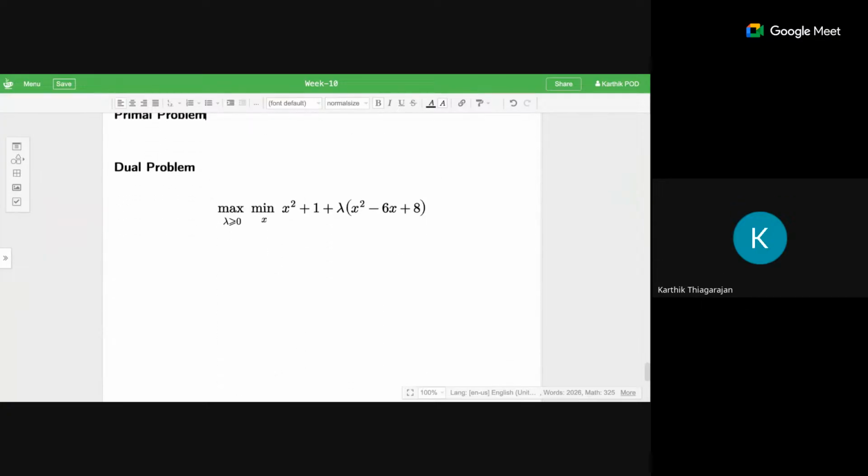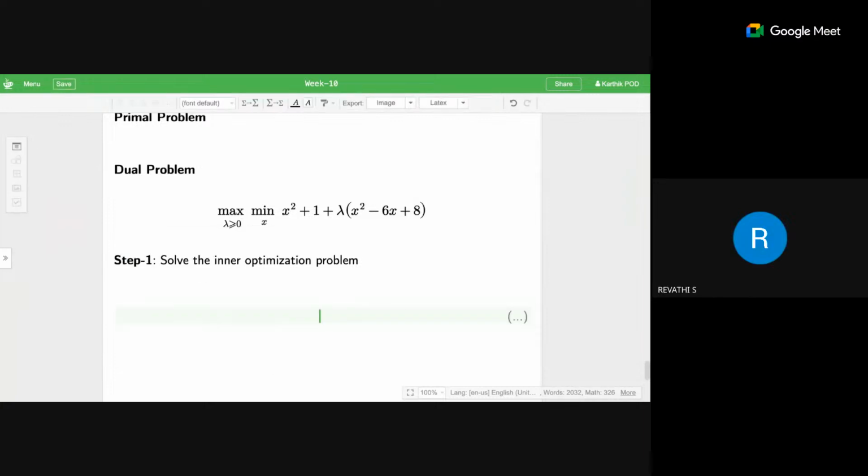Now we will spend some time on the dual problem because that's the one which is slightly hard here. So let's take step 1: solve the inner optimization problem. How will you solve the inner optimization problem?